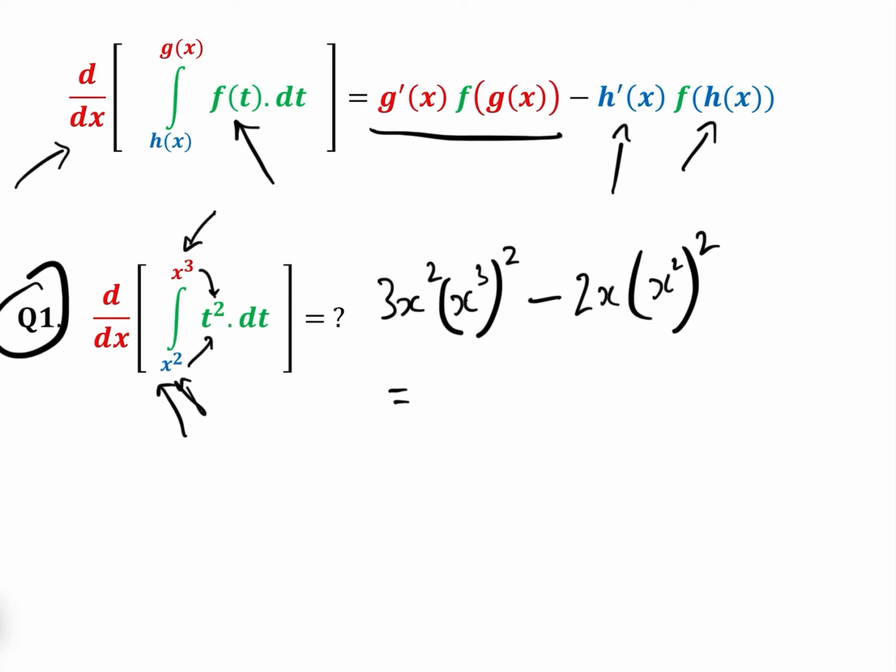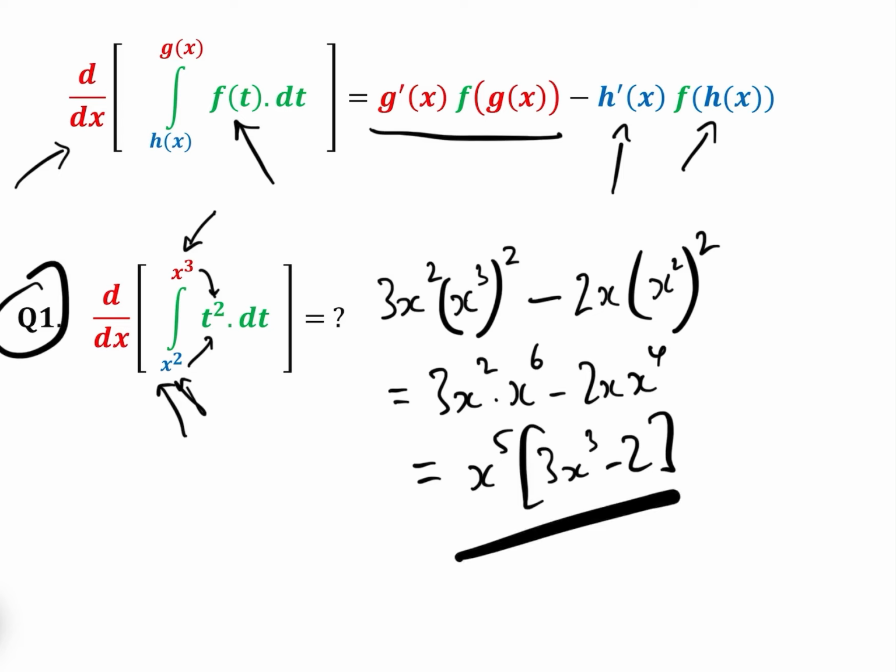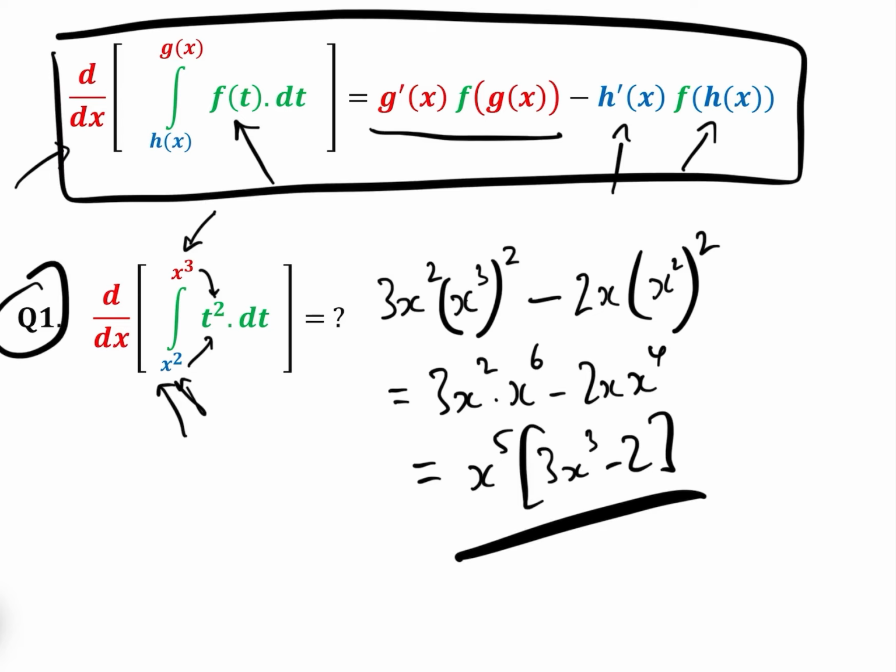And so the answer to that one will be 3x squared times x to the 6 minus 2x times x to the 4, which equals, taking x to the 5 out, x to the 5 times 3x cubed minus 2. That's very easy if we just put it into this formula, and remember that this formula is basically the other formula. Just imagine that we had the constant in the middle.